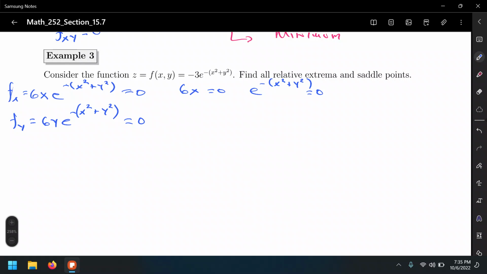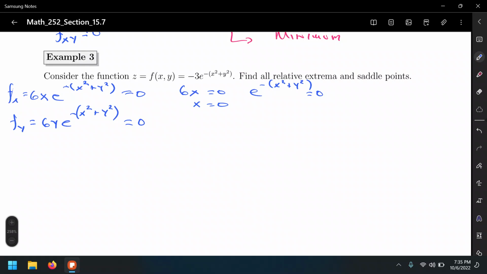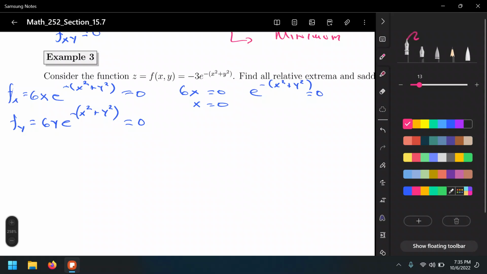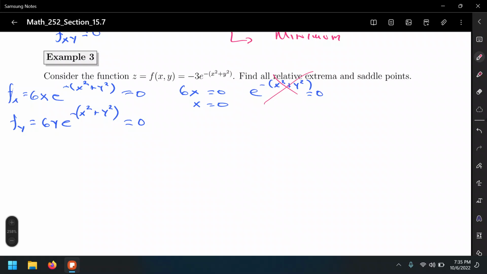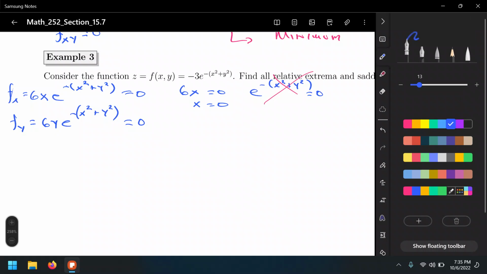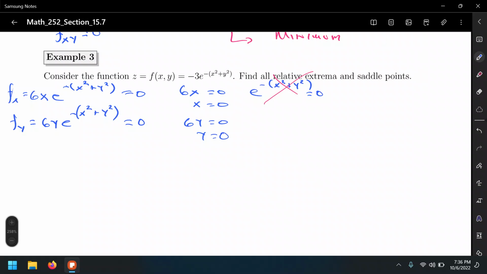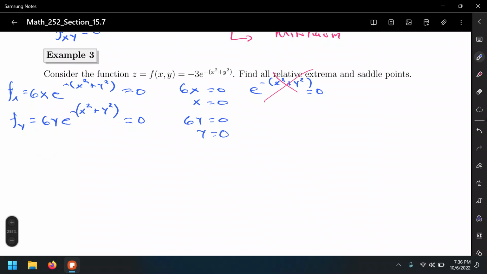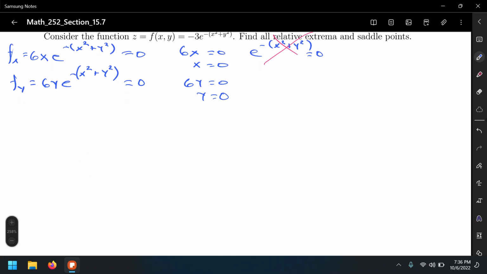Well, 6x equals 0 just for x equals 0. But what about the exponential? Recall, exponentials do not go to 0, right? So just cross it out. And in the next case, that's going to be 6y equals 0. I don't need to set the exponential again because we already did it for the previous step. So there's only one critical value.